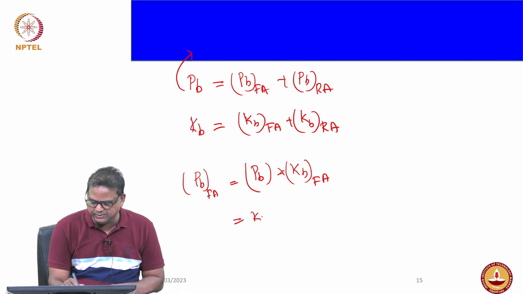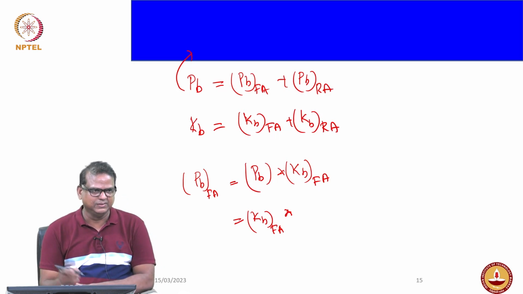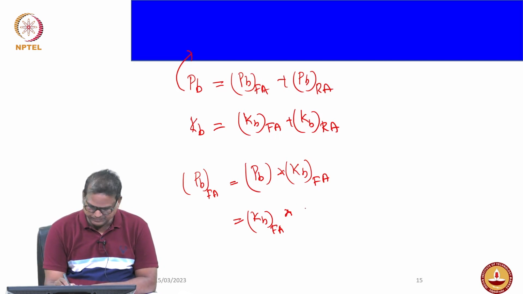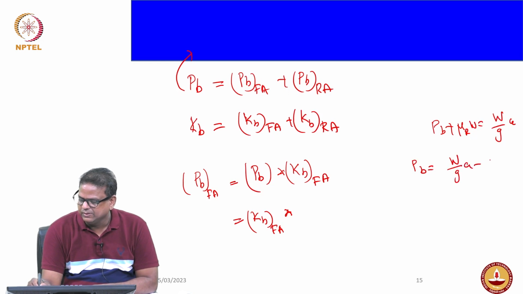You have to keep the KB FA. Instead of PB, what can we do? From the general equation, PB + mu R W equals Wg by A. I want to know only the PB, then this minus mu R W is what is going to come.